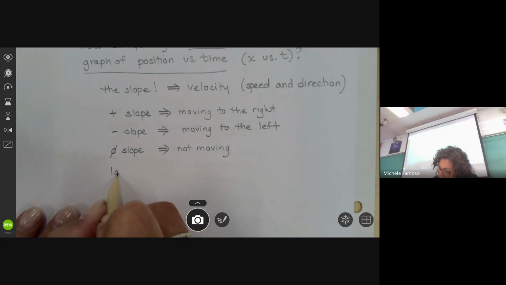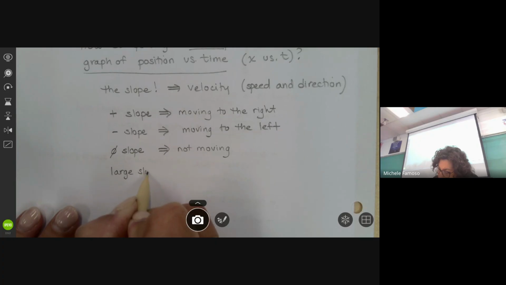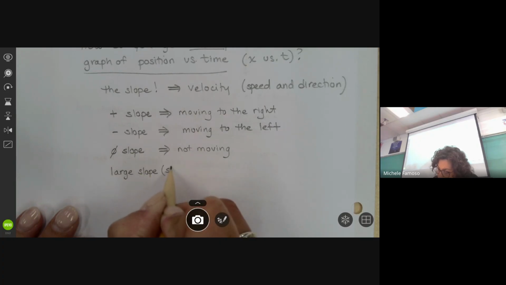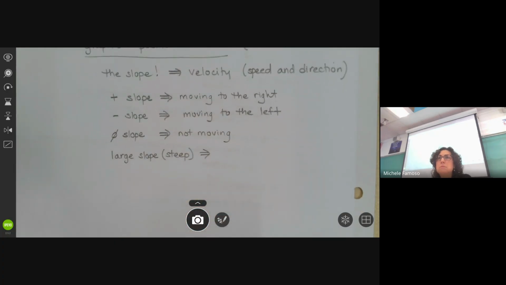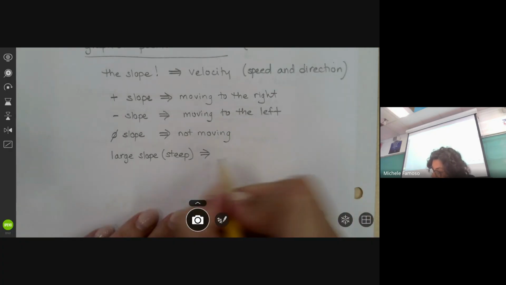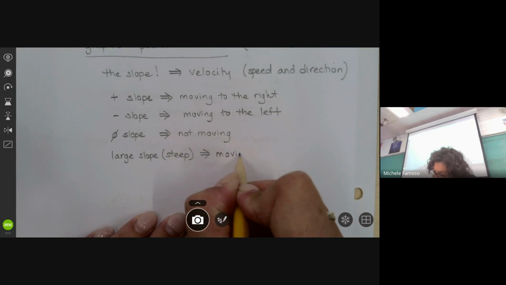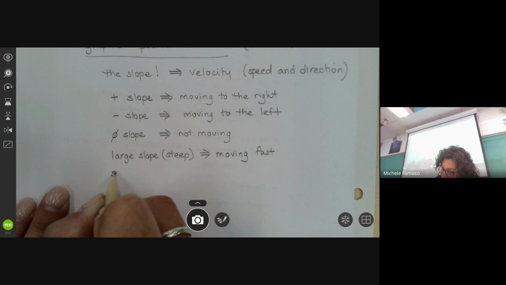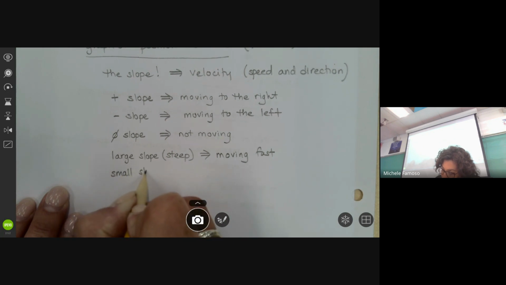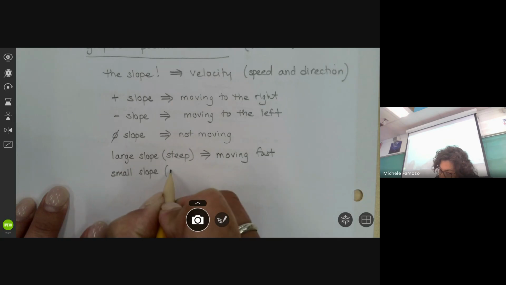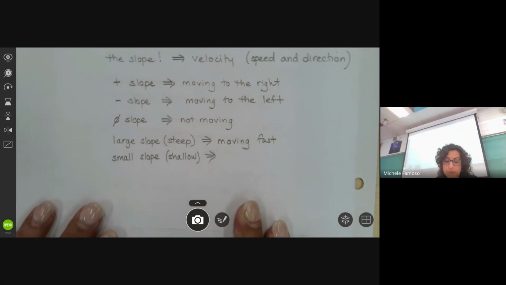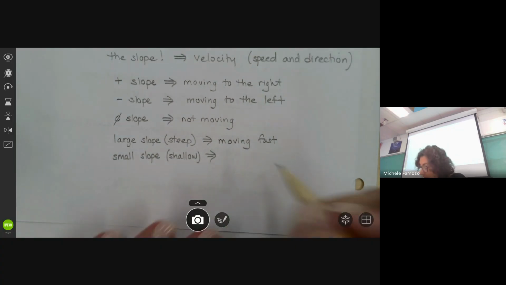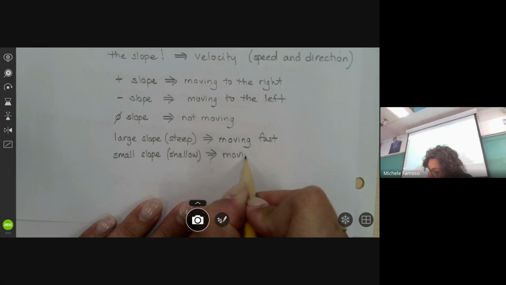If you had a large slope, meaning your graph was steep, what would that mean? That's right. Very good, Mariah. That means you're moving fast. How about if you had a small slope? In other words, your graph was pretty shallow. What would that mean? Yeah, that means you're moving slow.